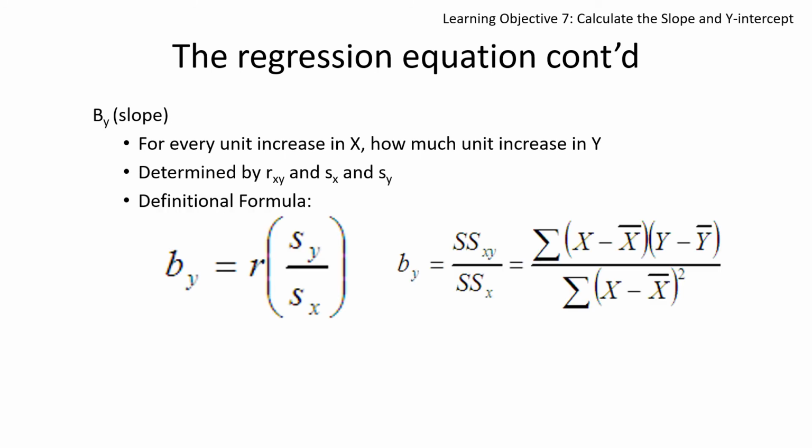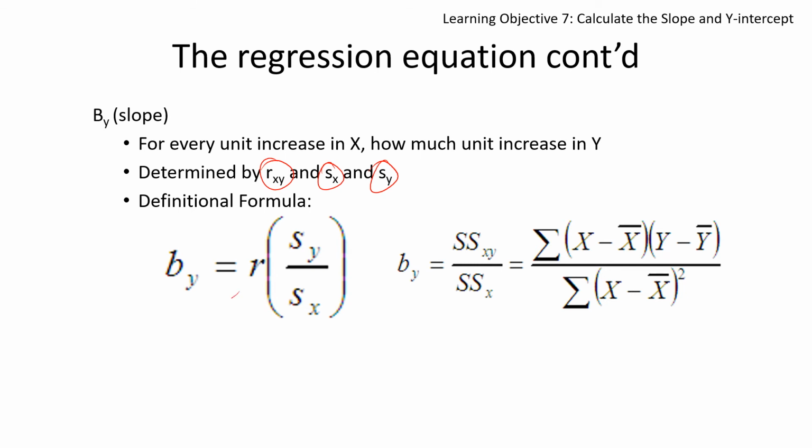We can determine our slope by taking our correlation, our r that we just calculated, and our standard deviation of x and our standard deviation of y. However, there are easier formulas. This is the definitional formula.